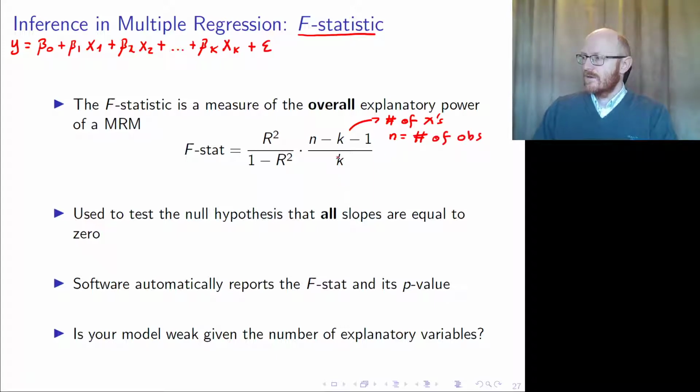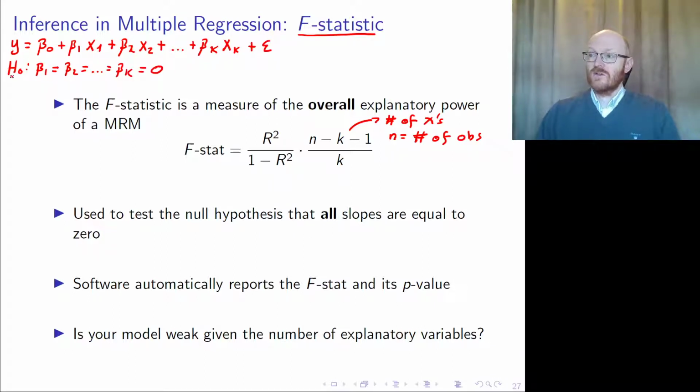and n equals the number of observations. So let's take the null hypothesis first. The null hypothesis for the F-statistic is that all these slopes, not the intercept, but all these slopes, beta 1 equals beta 2 equals beta k equals 0.